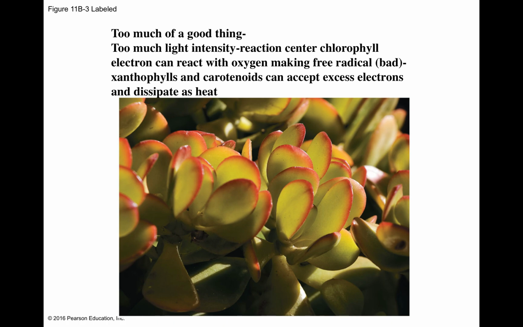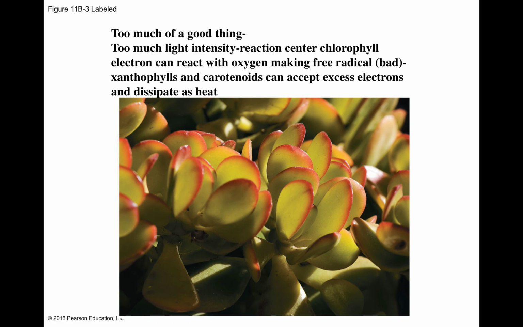And so why would plants need hemoglobin? They don't have a body that depends on the delivery of oxygen. Well, sort of, but not in the same way. The reason is in places where there's too much light intensity, like in the tropics, what can happen is the reaction center chlorophyll can react with oxygen.